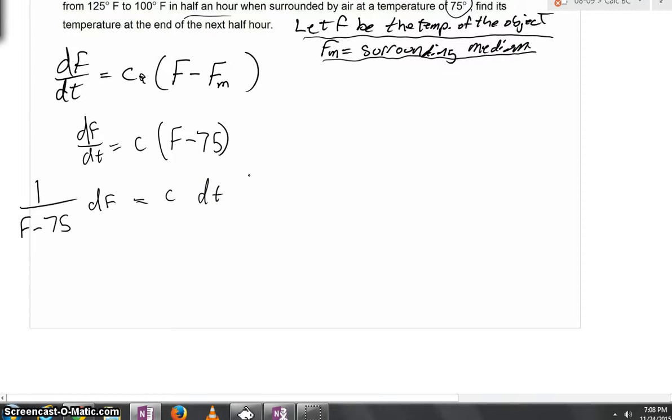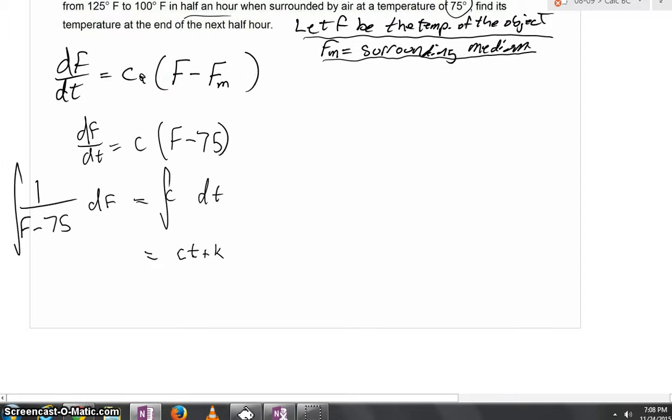Separating this differential equation, we can divide both sides by F minus 75, multiply by dt, and then we integrate. The right side, we could say, is Ct plus some constant k. The left side, of course, we could do a u substitution.